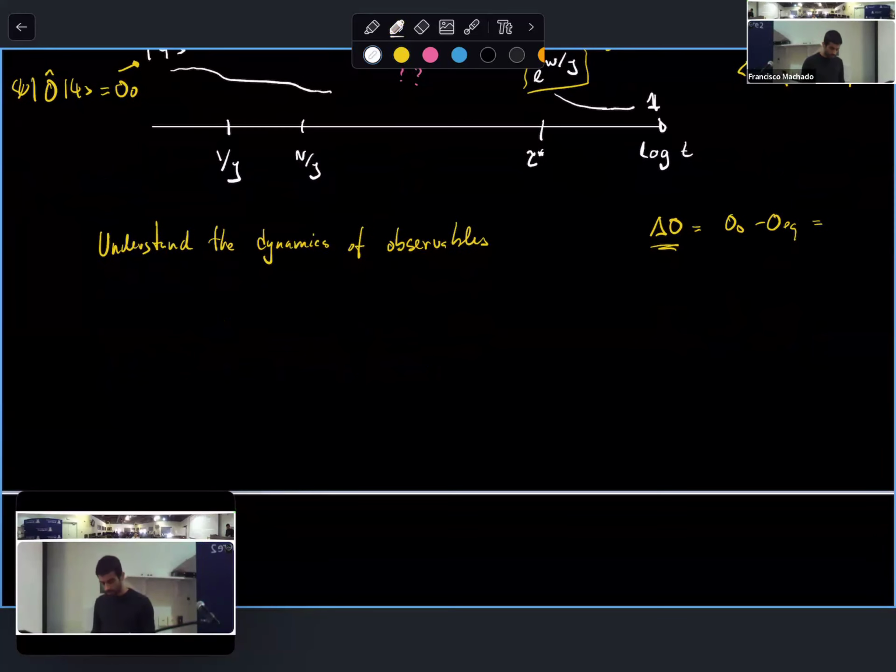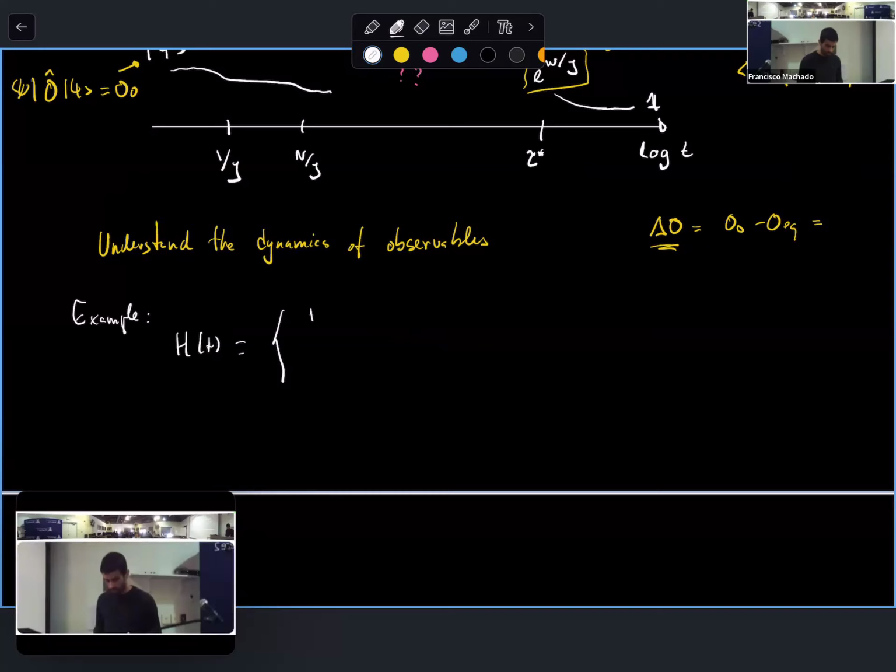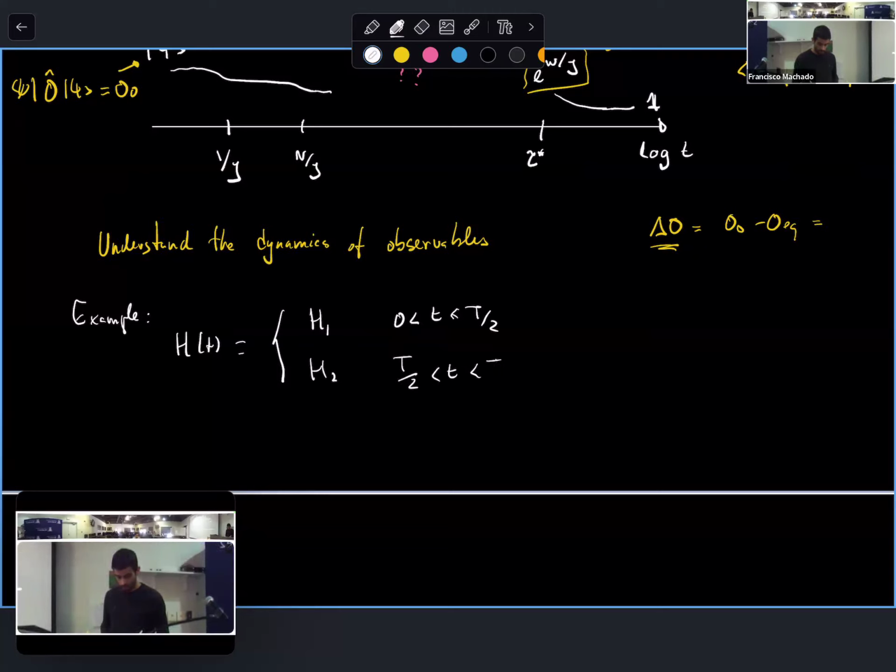And so to use that, let me use an example where I pick a particular kind of drive, where I evolve my system under some Hamiltonian H1 for a time that's half of my period. And then I evolve my system under some other Hamiltonian for the other half of my period.